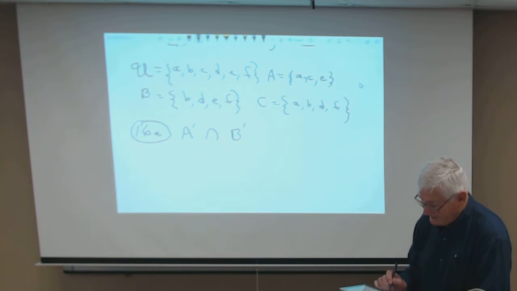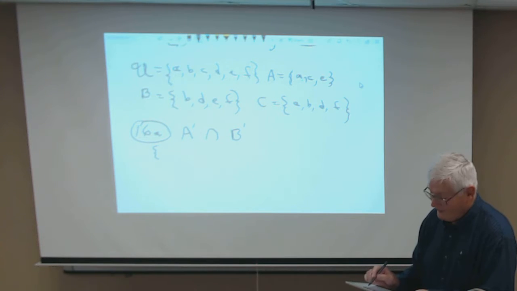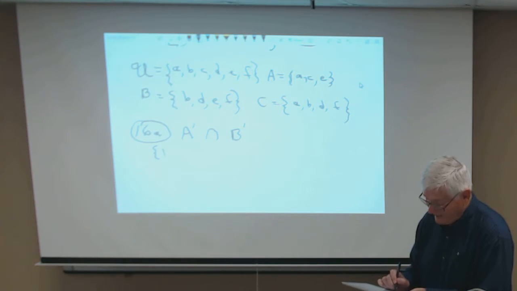So let's put this down here. The complement of A is everything in the universe that's not in A. Okay, here's the universe. So down here, is A in A? So I don't put it there. Is B in A? Nope, so that's part of the complement. Is C in A? Yes, so I don't put it there. Is D in A?